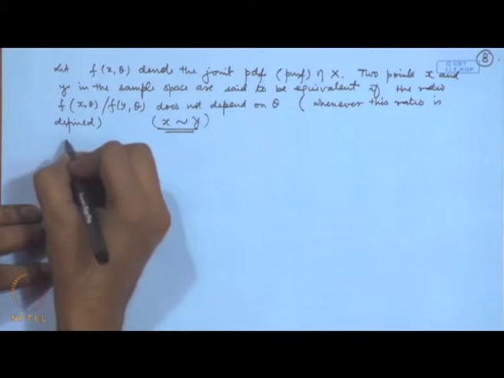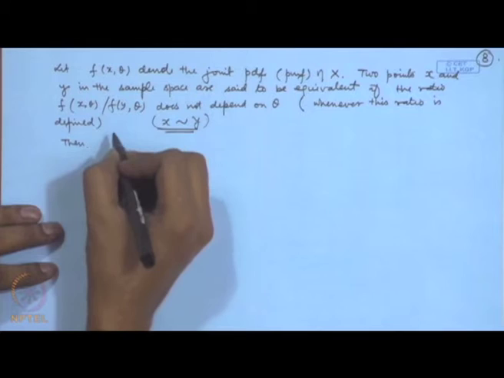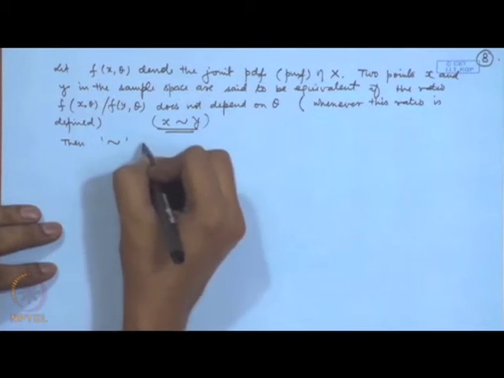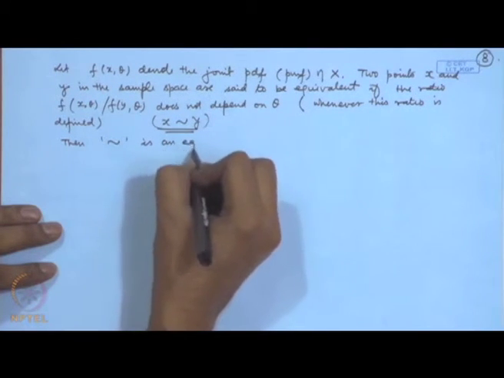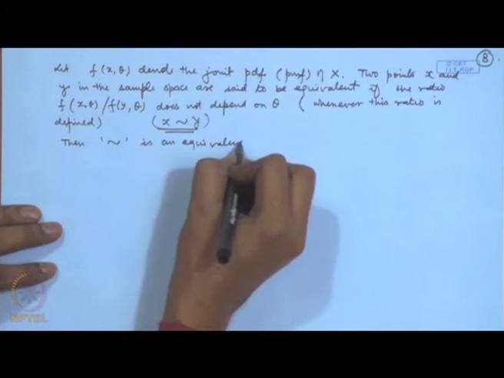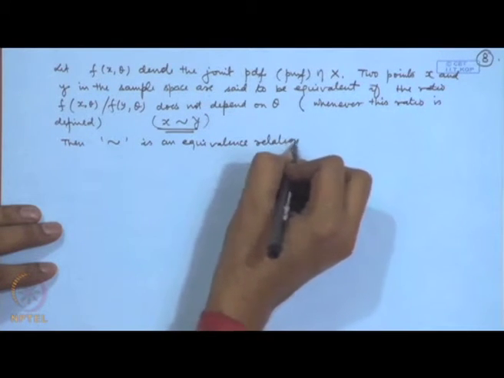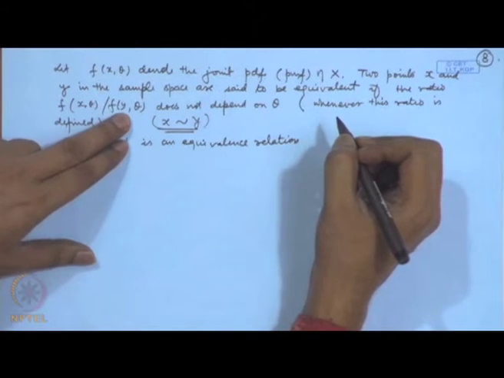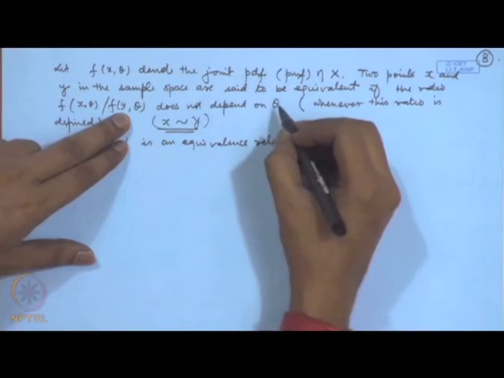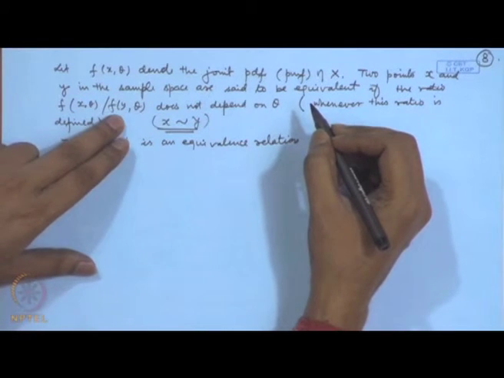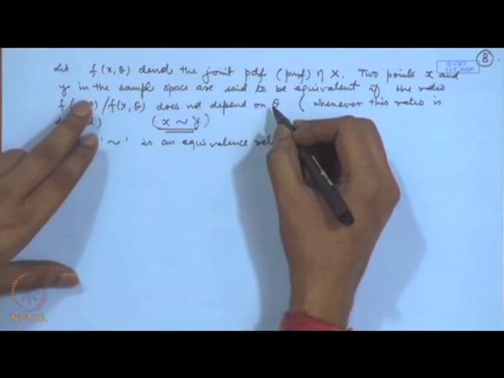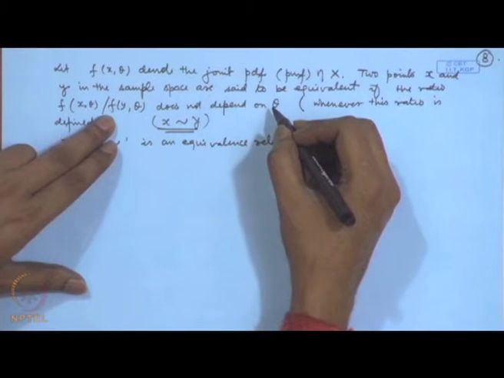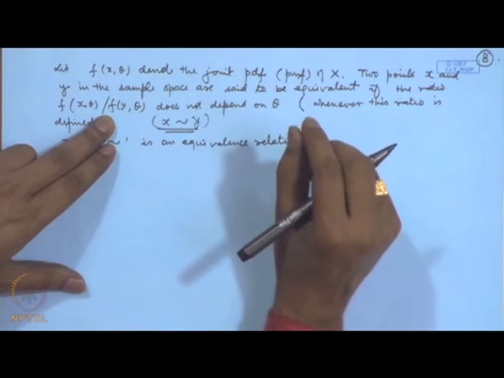Then this relation is an equivalence relation. Because it is reflexive: if I consider f(x, theta) by f(x, theta), that is going to be 1, which is free from the parameter. If f(x, theta) by f(y, theta) is free from theta, then f(y, theta) by f(x, theta) is also free from the parameter. Therefore, x related to y is equivalent to saying y is equivalent to x. So, the relation is symmetric.